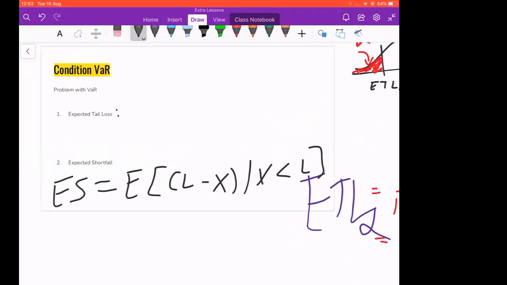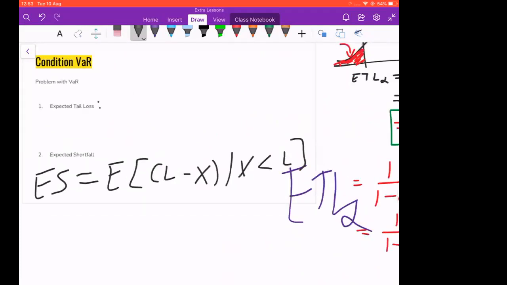I don't know if this is what they use in the book. Yes, in your notes, they say that you're going to find the expectation of the maximum of L minus X or 0.